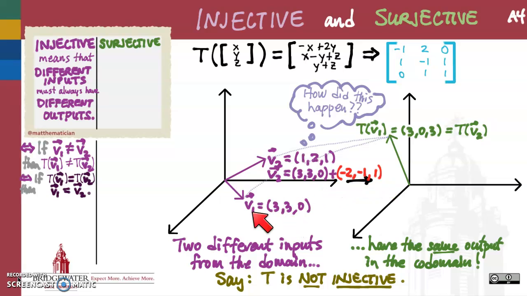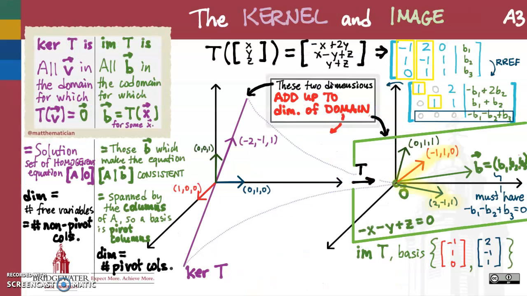So whatever difference exists between v1 and v2, that difference is the vector -2, -1, 1 that we met in our previous video. Indeed, -2, -1, 1 in our previous video was a basis for, in particular, an element of the kernel of our linear transformation.